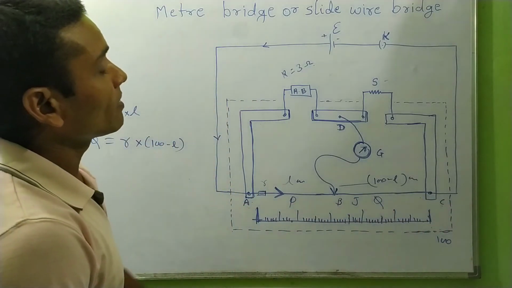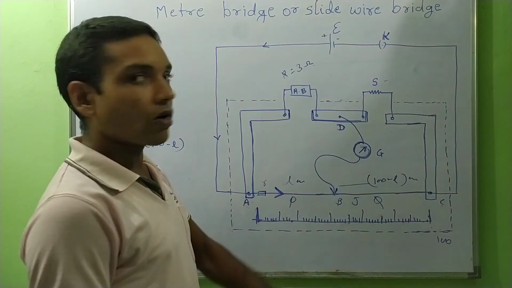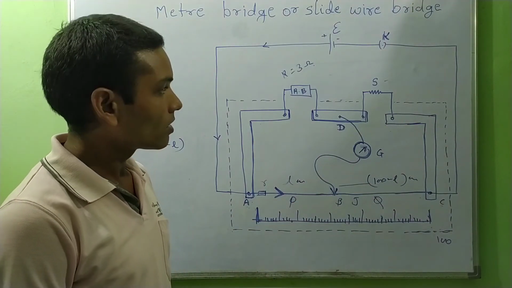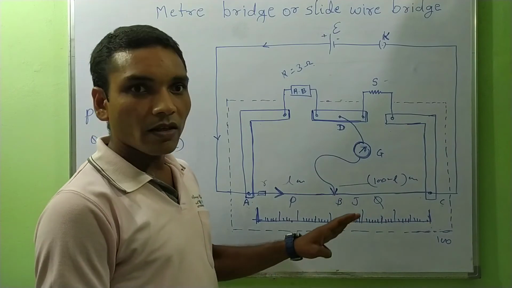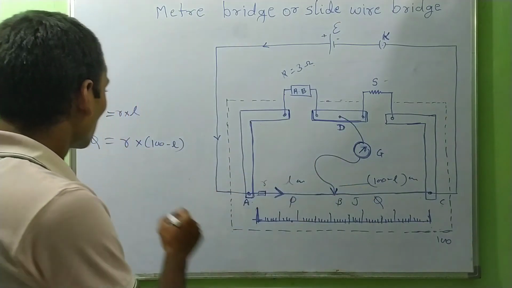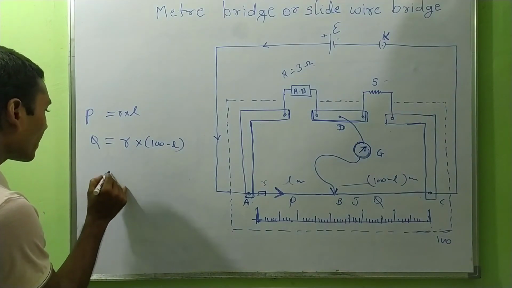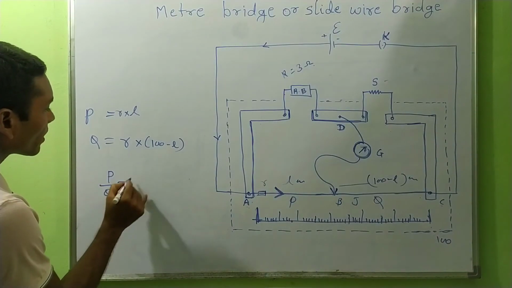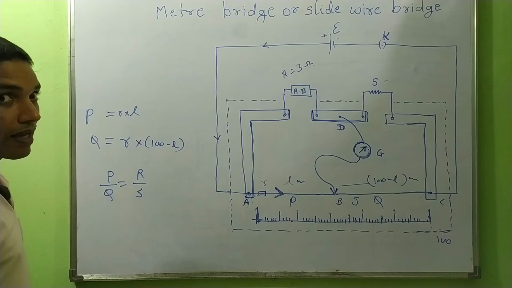Now by the principle of Wheatstone bridge, the principle for the meter bridge, P upon Q equals R upon S. Why?